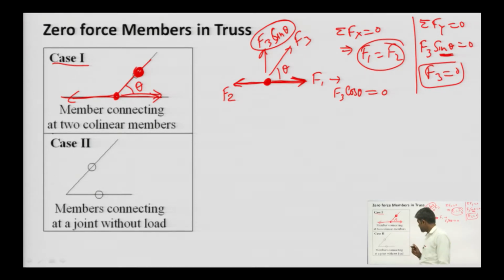And the second case which we have to remember in identifying the zero force member in a truss is that if two members are meeting at a joint, and they say inclination, they both members are inclined with each other by an angle of theta degree.